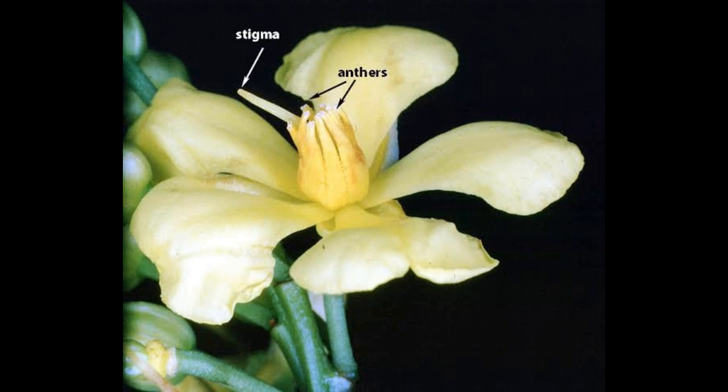This difference in spatial position between the stigma and the anthers reduces the chance that pollen from the same flower will be placed on the stigma of the same flower.